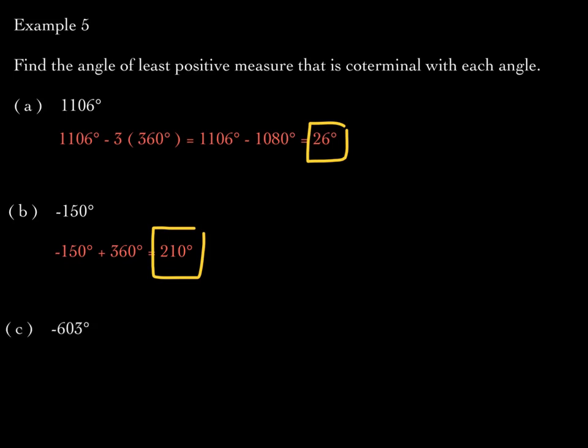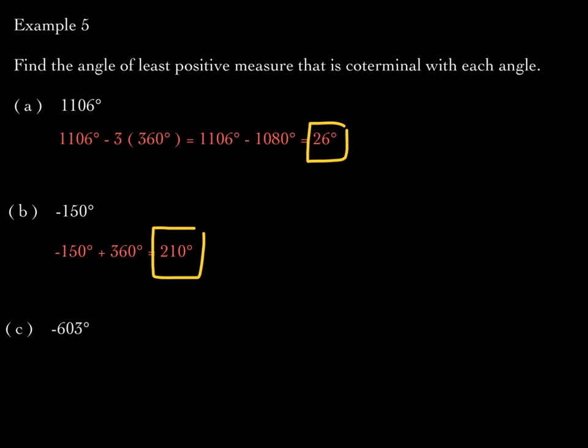Negative 603 degrees. Now we're going to have to add rotations again, but notice that we can't just add 1 rotation like we did in the previous example, because if we only added 1 rotation, we're still going to be left with something negative, and we want something of least positive measure. So I think we're going to want to add maybe 2 rotations here. Now I'm going to invite you to pause this video right here, and would you please work this example out until the end.